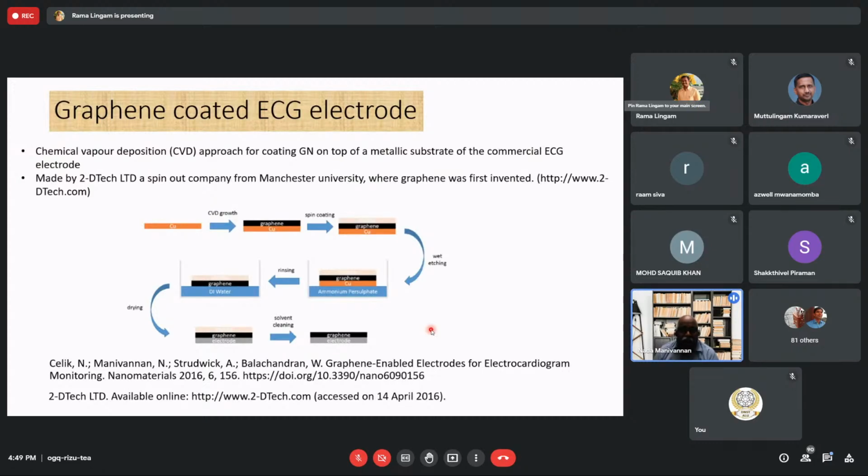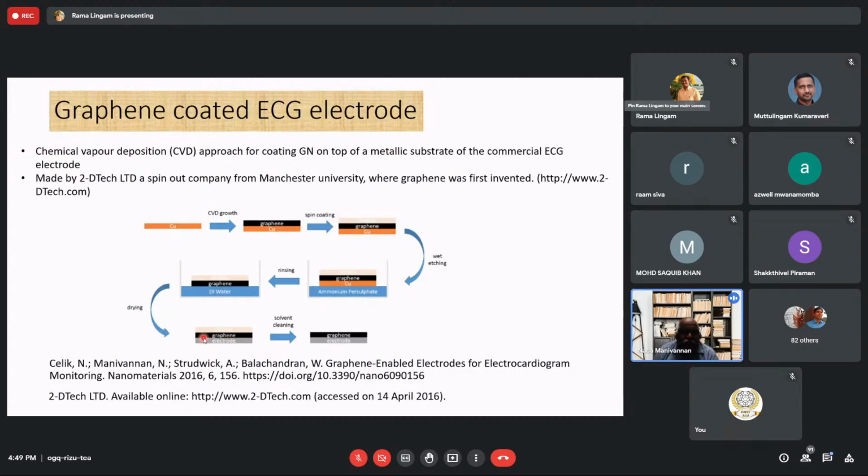Obviously, he didn't do it himself. He outsourced it from a company called 2D Tech. It's a spin-out company from Manchester University, from researchers who were part of the graphene group who invented graphene. So the process is explained here in a systematic manner.